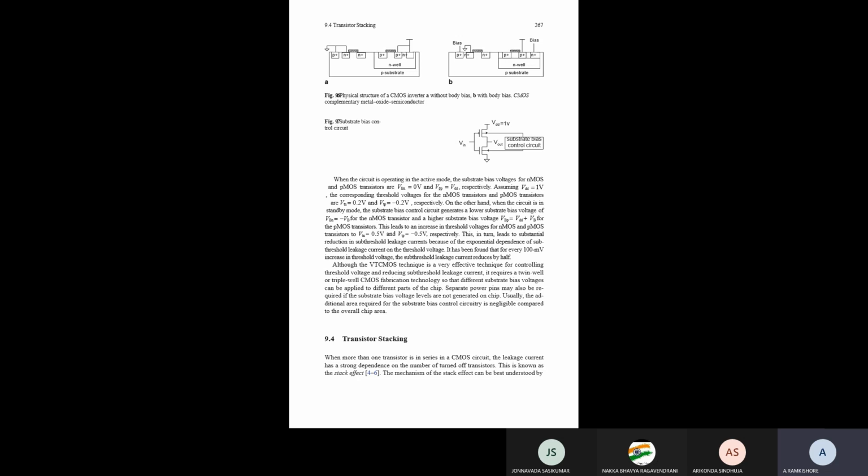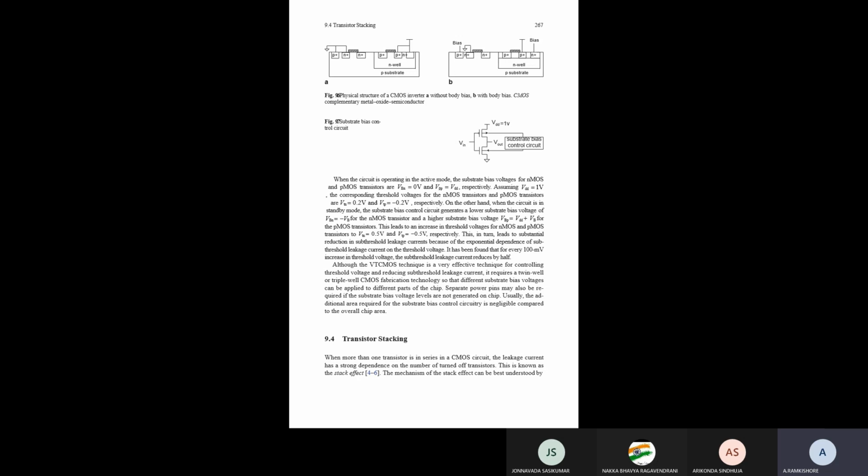In figure A, it is shown without body bias, but in figure B, it is shown with body bias. On the left corner side, we are applying some biasing voltages to the respective CMOS inverter. In the figure below, we see the substrate bias control circuit.